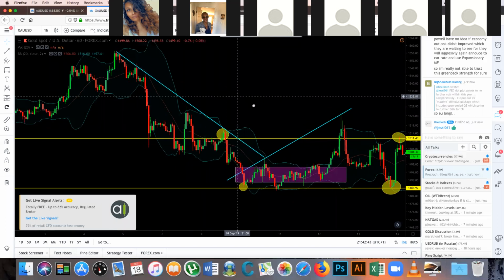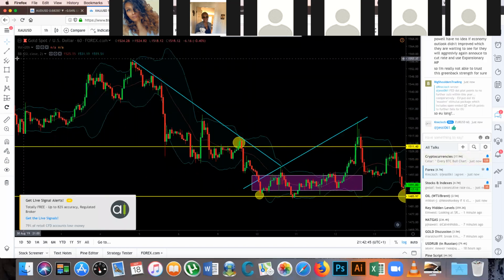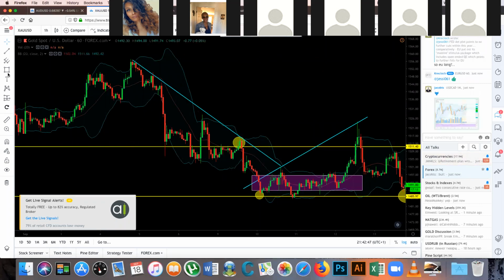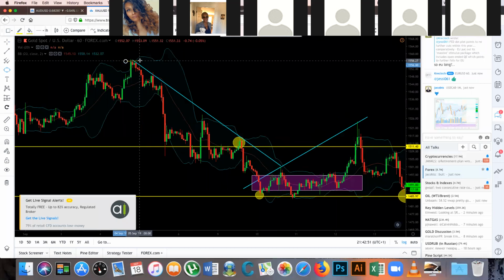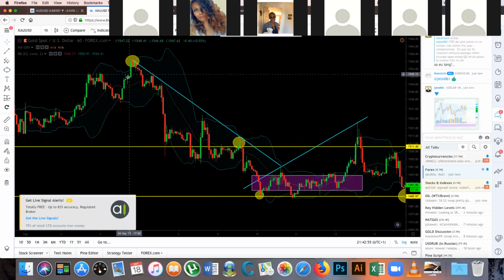Now, the areas that I would have entered in this bit here would have been at this top. So let's say you were somewhere around here and then you saw this. I would have waited for a next candle, two red candles at least, for me to know, okay, price is actually going the other way.